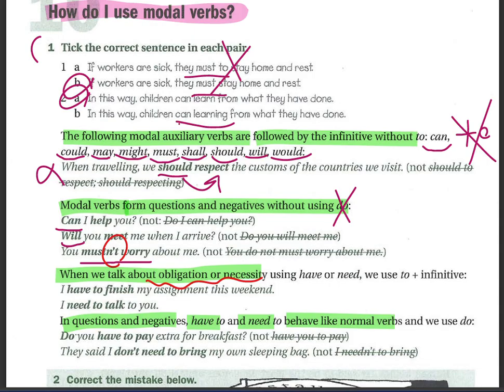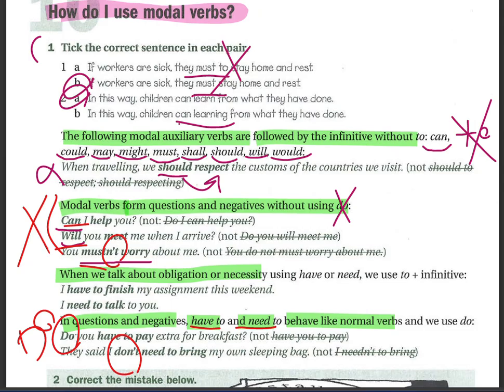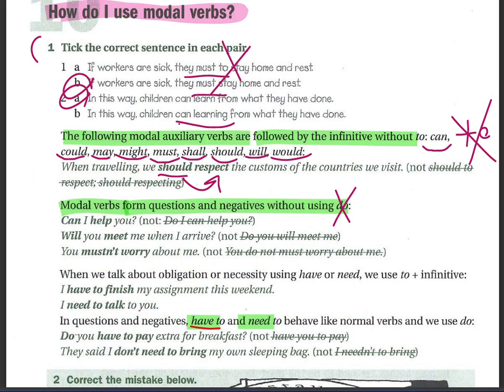Please be careful about it. When it's about have to and need to, we use do and does, the auxiliary do. But with other modals like can, will, must, we don't. Okay? So you need to be really careful. All the modals are not the same. It's really important to know the rules about them.